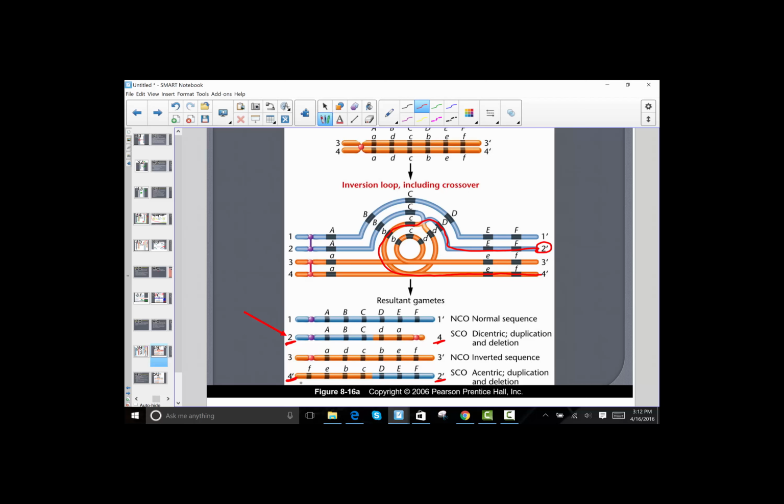So what happened to this one? We have no centromere. So we have crossing over. It's acentric, so we don't have a centromere. And we have a duplication of E and F and a loss of A. A's missing. Okay, so we have a deletion and we have duplications and we have a loss of a centromere.